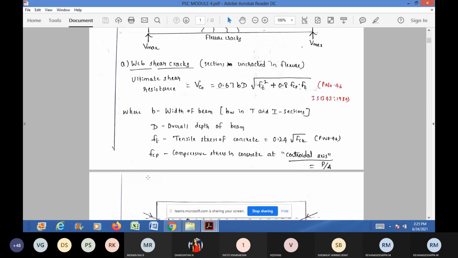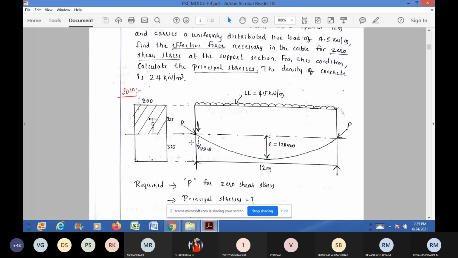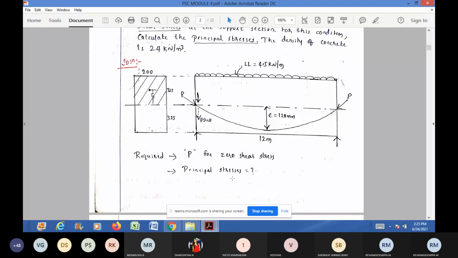For the parameters given, I have written the figure here and the problem statement. We need to find pre-stressing force P for zero shear stress. This is case 1. Case 2, we need to find principal stresses.